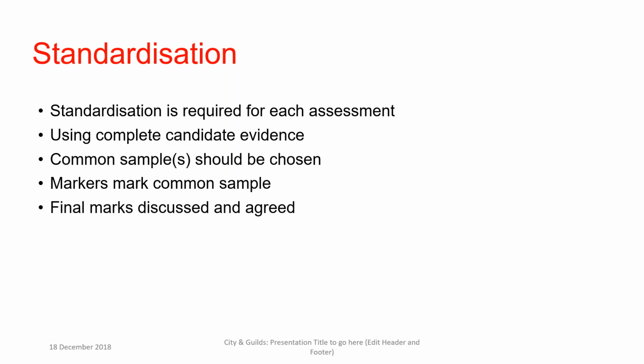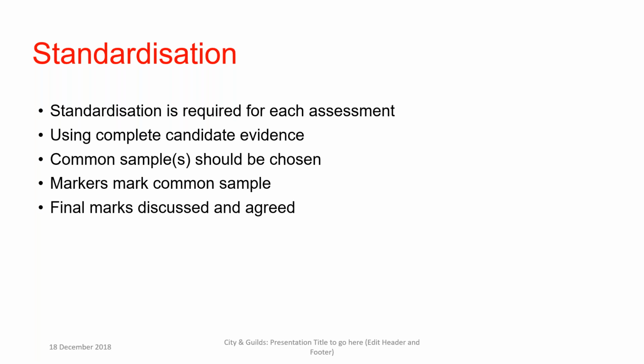On this final slide, we discuss standardisation. Standardisation is required for each assessment version and must include all markers. It must always take place using complete candidate evidence, as that evidence would be presented for moderation, using the current assignment for that year.